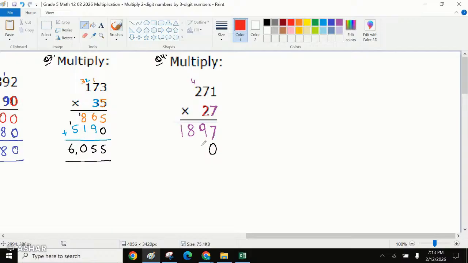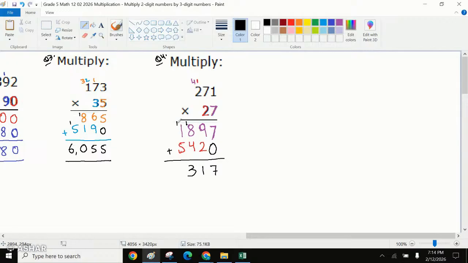2 multiplied by 1 was 2. 2 multiplied by 7 is 14. We carry a 1. 2 multiplied by 2 is 4. 4 plus 1 is 5. So when we add them together, 7 comes as it is. 9 plus 2 is 11. 1 stays here, 1 goes up. 8 plus 1 is 9. 9 plus 4 is 13.